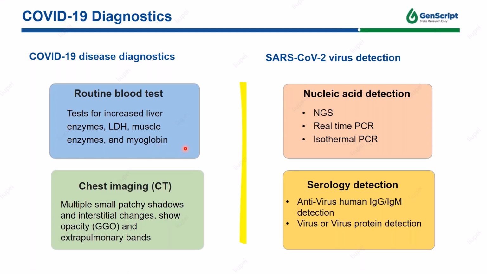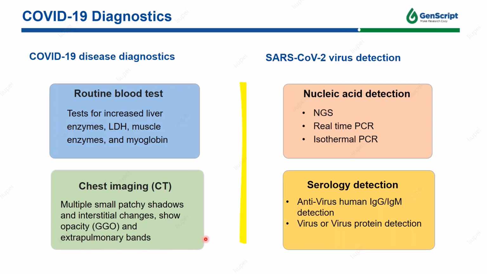They are infection markers in blood. For chest imaging, we will do the multiple small patchy shadows and the extrapulmonary bands and so on.